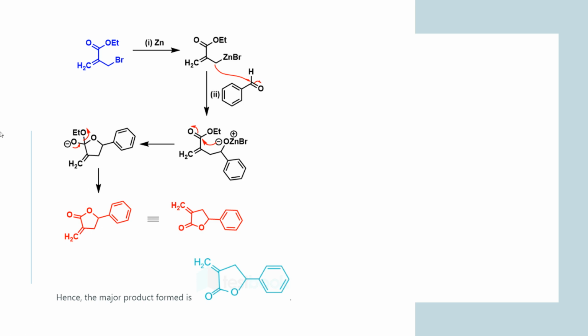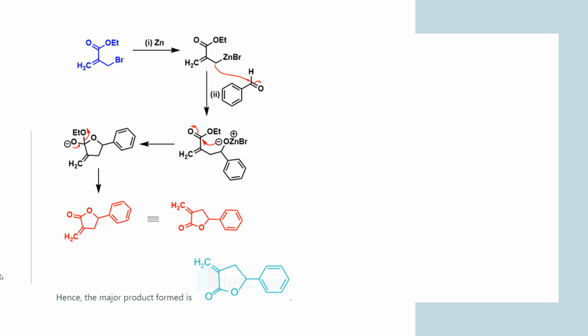Okay, so first you got this carbon zinc bond formation, which underwent nucleophilic attack at this center, and the oxyanion formed will immediately attack at the reactive ester moiety present in the substrate, and in turn the second oxyanion formed will eliminate the ethoxide to give you the carbon oxygen double bond.